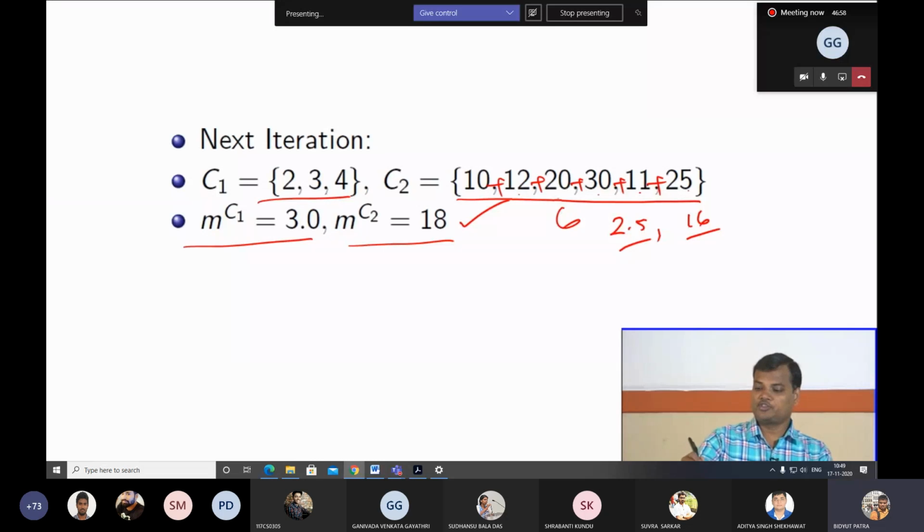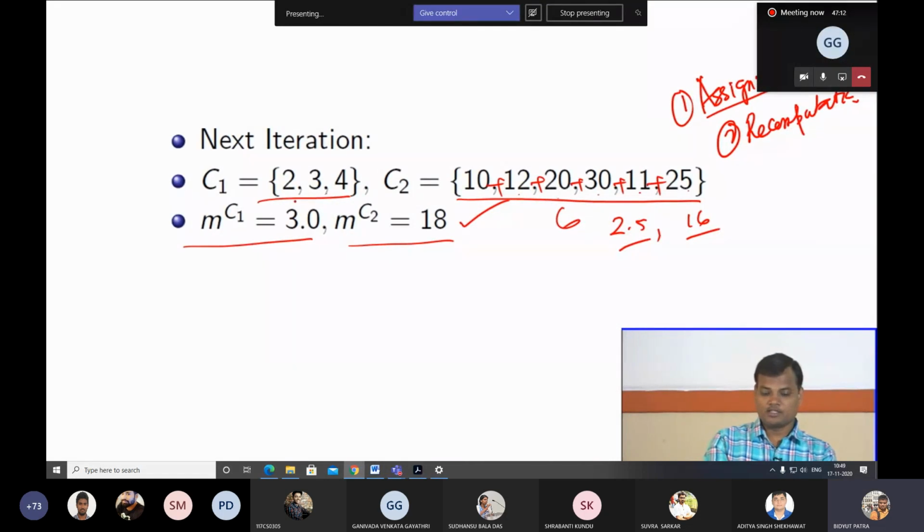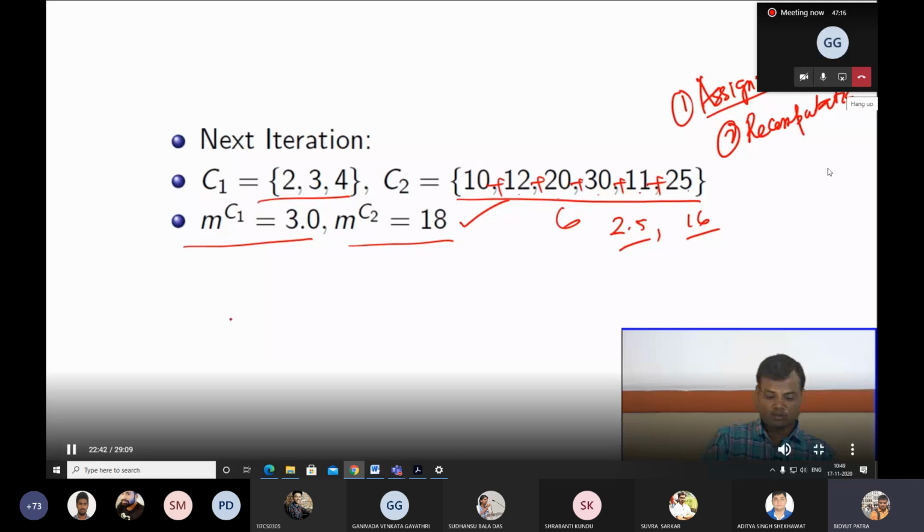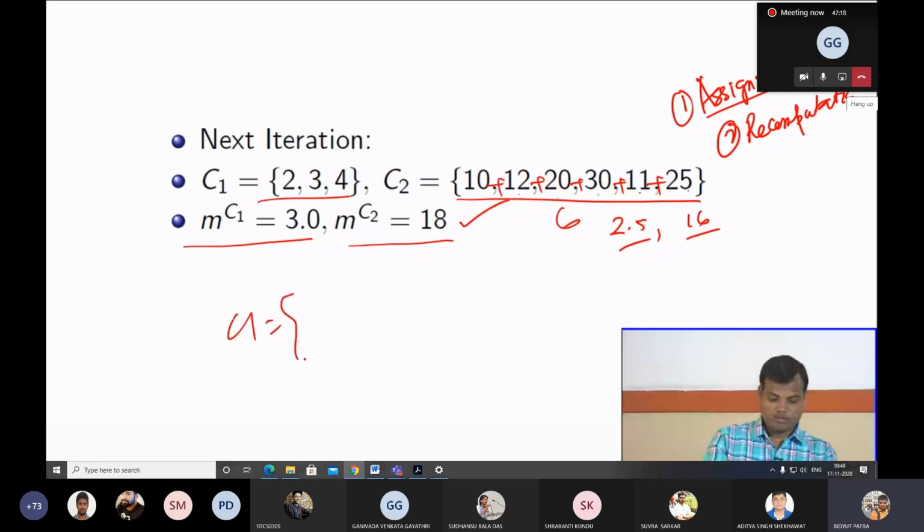So what is the first step? The assignment. The second step is recomputation. Now again you assign the points. Obviously these three points will be close to 3, so C1 will be 2, 3, 4.